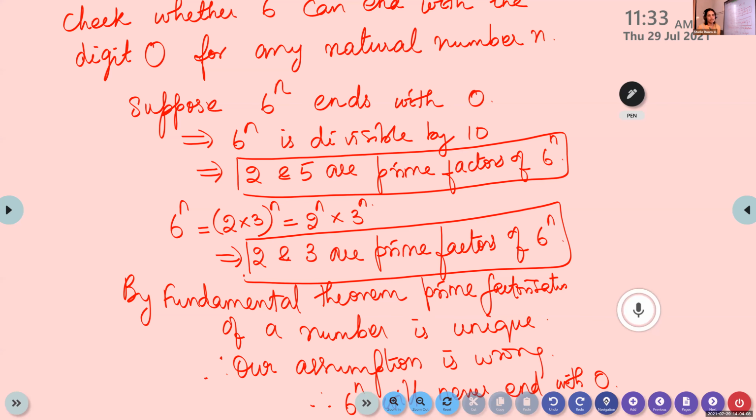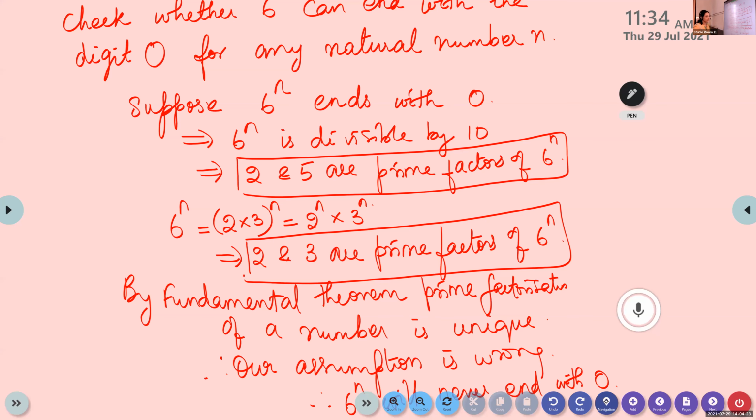Again, if we take 6 raised to n, 6 we can write as 2 into 3 raised to n, which is equal to 2 raised to n into 3 raised to n. Therefore, we get 2 and 3 are prime factors of 6 raised to n.